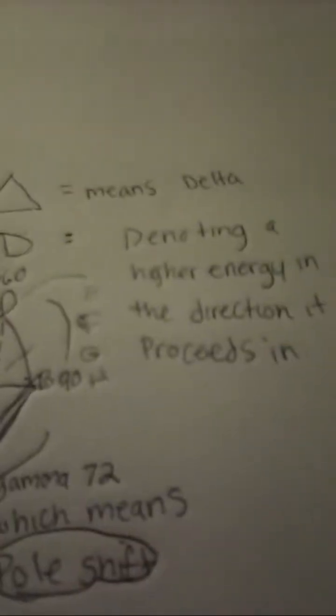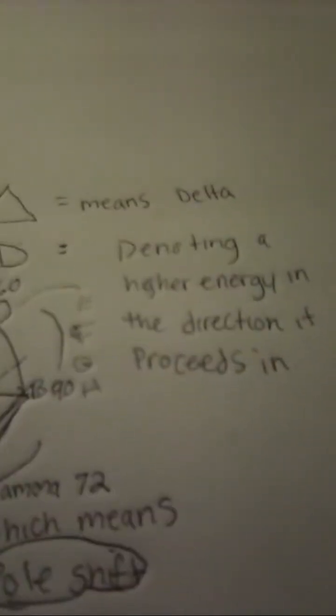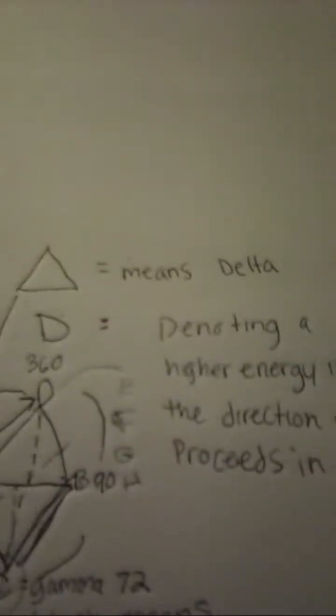So look, the thing about this shift, right? The UV, remember, delta means denoting energy. So if you look at my symbol, you have a pyramid down like this. This represents the sun, UV. I'm not making this up, because delta, you can look it up for yourself. Delta symbol is this.